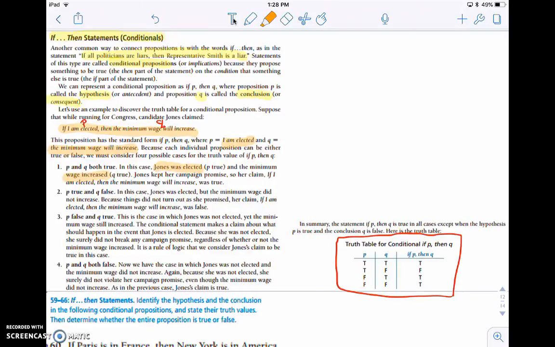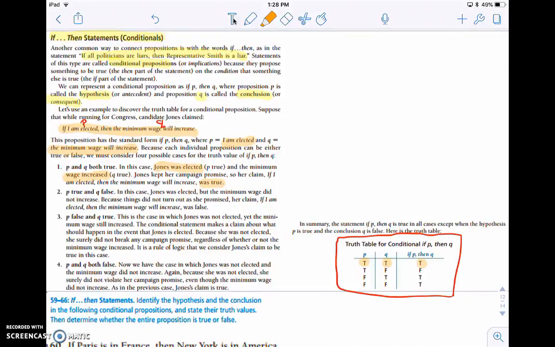So Jones kept the campaign promise, so her claim, if I'm elected, then the minimum wage will increase, is true. So if P is true and Q is true, then the proposition if P then Q will always be true.